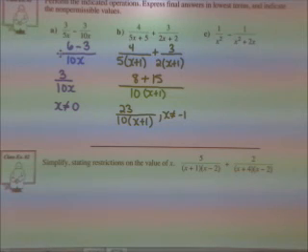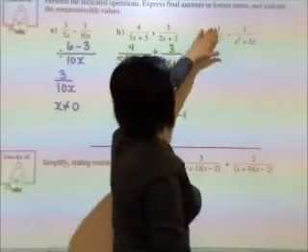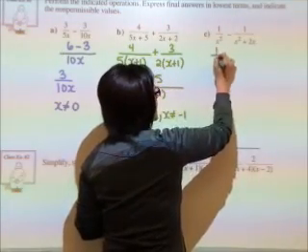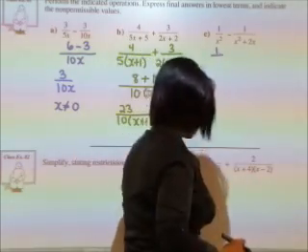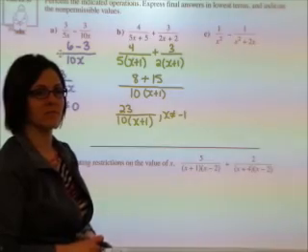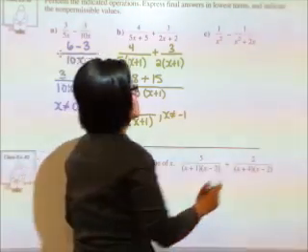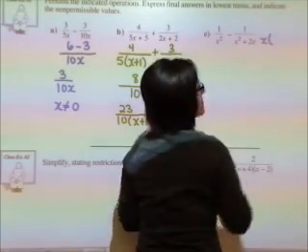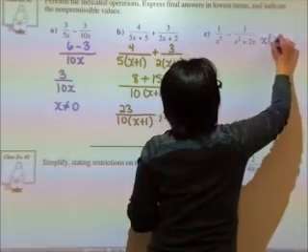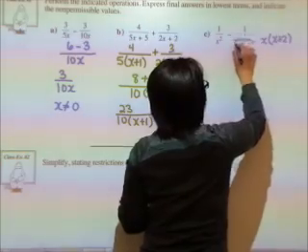Okay, so let's take a look at C. I can't do anything to factor or to simplify the first expression, so we'll leave it as is. But can I factor the second expression? And what would that leave me with? X plus 2.